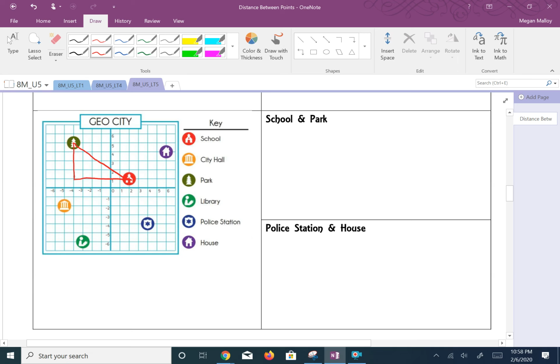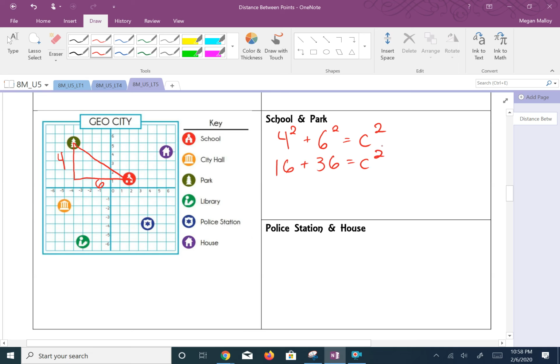And so my one leg is 4 units long. The second leg is 6 units long. So if I plug that into my Pythagorean theorem, a squared plus b squared equals c squared, I get 4 squared plus 6 squared equals my hypotenuse squared. 4 times 4 is 16 plus 36 equals c squared.